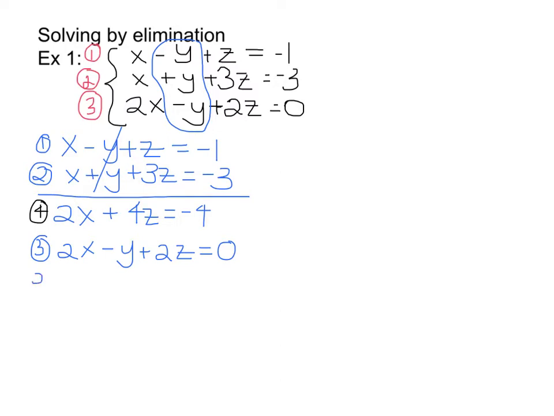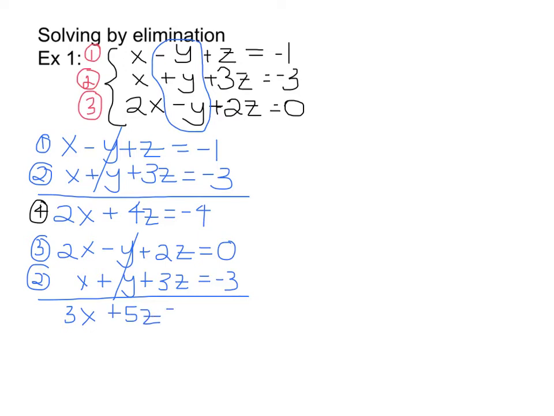If I pair it with equation 2, that's the easiest way to make my y's eliminate. So x plus y plus 3z equals -3. Again, add: 2x plus x gives me 3x. My y's cancel out. 2z plus 3z gives me 5z, and 0 plus -3 is -3. And this is now my 5th equation.